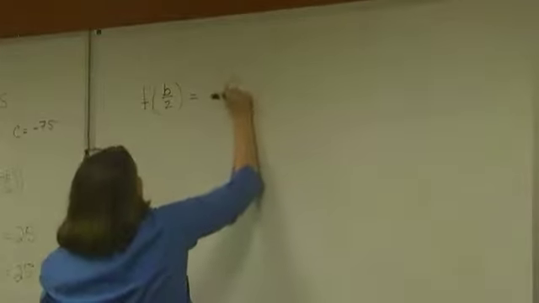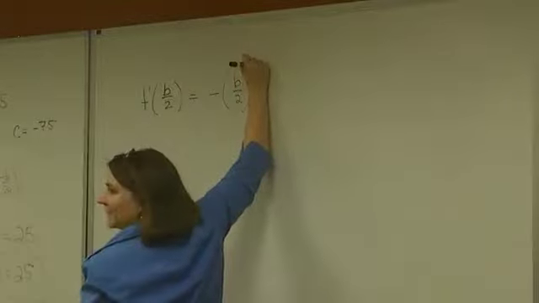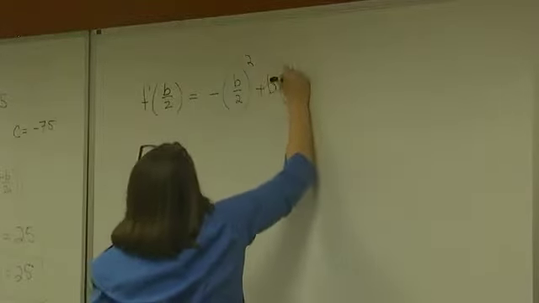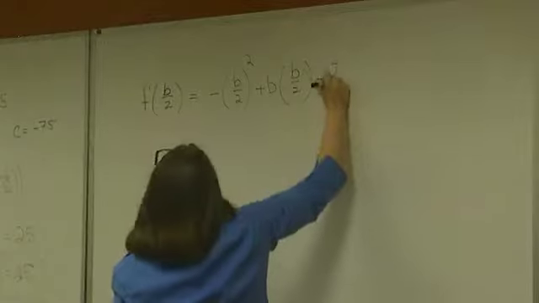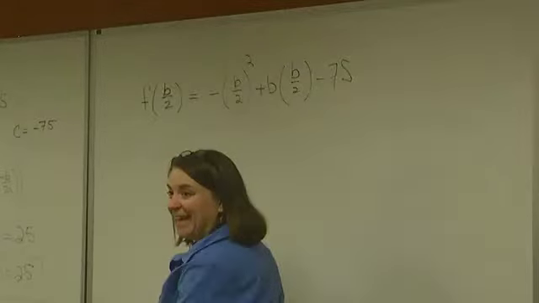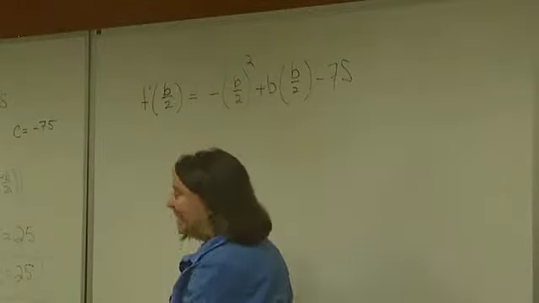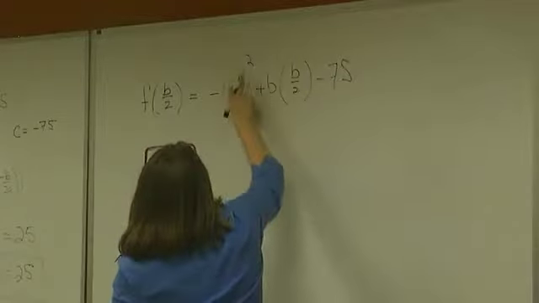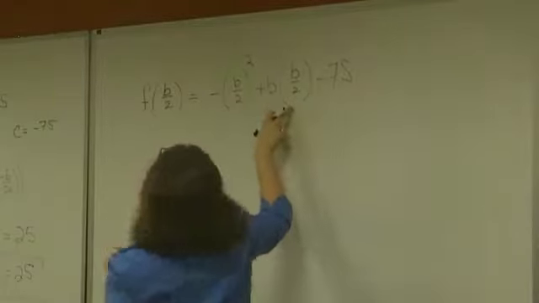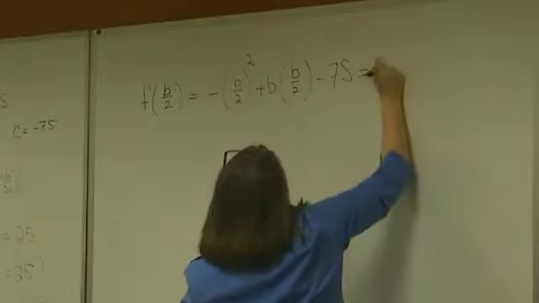Opposite b over 2 squared plus b times b over 2 minus 75. That is, the opposite of the input squared plus b times the input minus 75. And we want that to equal 25.